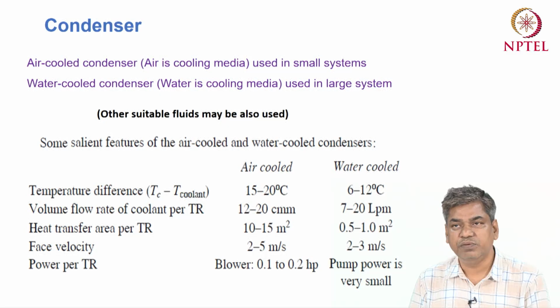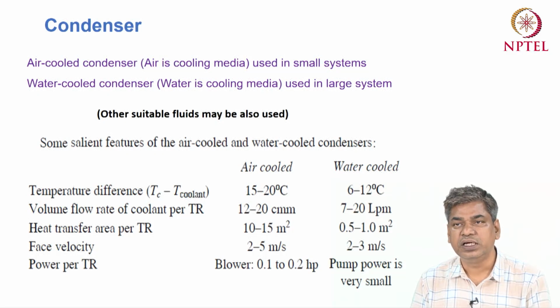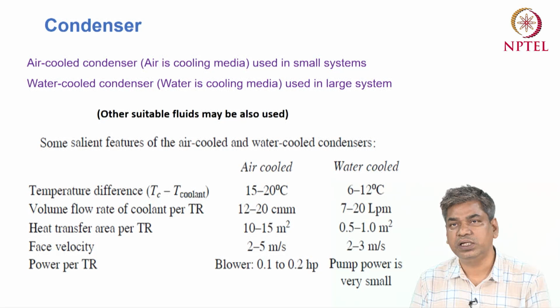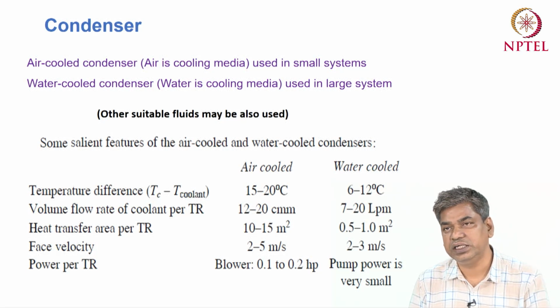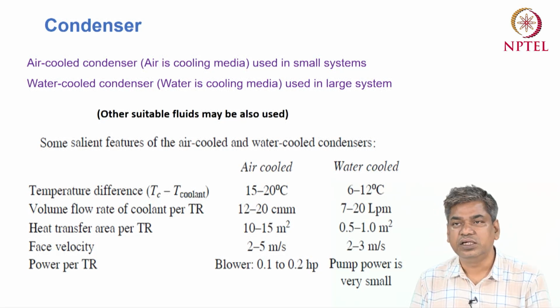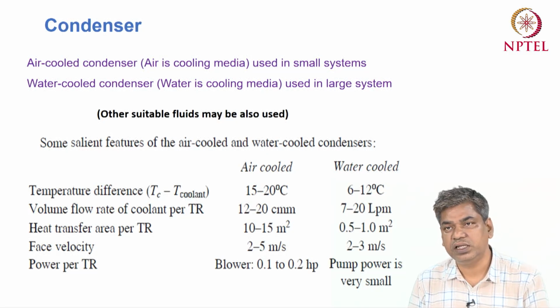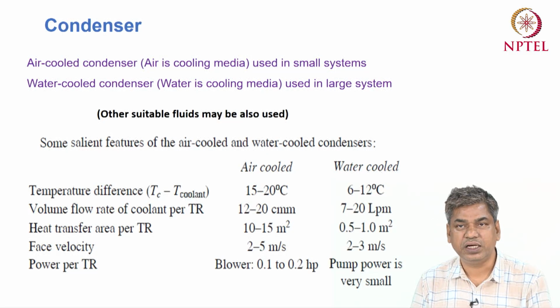Similarly, in the case of the volume flow rate of the coolant, if you use water, obviously the volume flow rate should be low for a certain capacity. For a certain heat rejection rate of the condenser, the mass flow rate of water will be very low as compared to air, because the specific heat capacity of water is very high as compared to air.